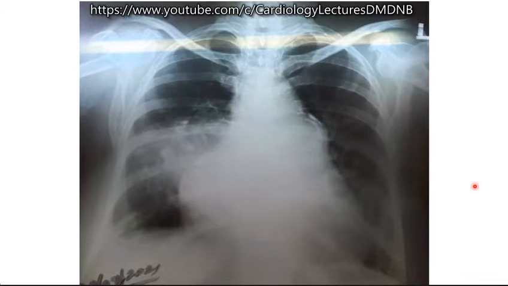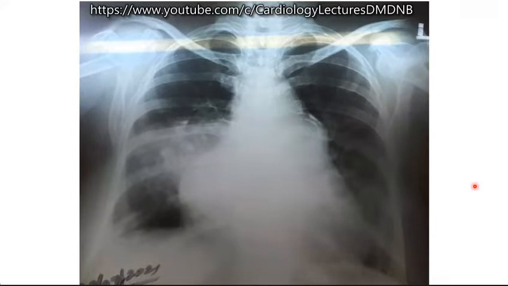Okay. So, do you think that this patient has increased pulmonary vascularity?